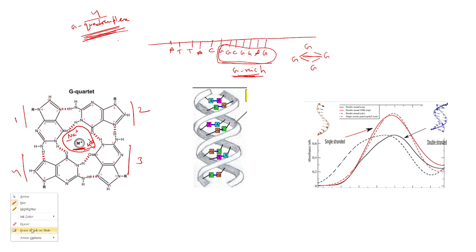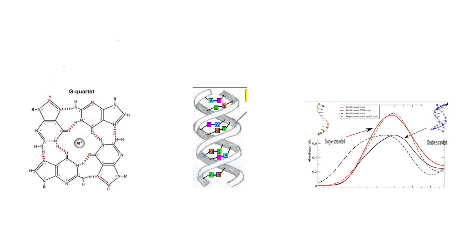So now come to which factor provides the stability to the DNA. Always the non-covalent interaction provides the stability of the DNA.